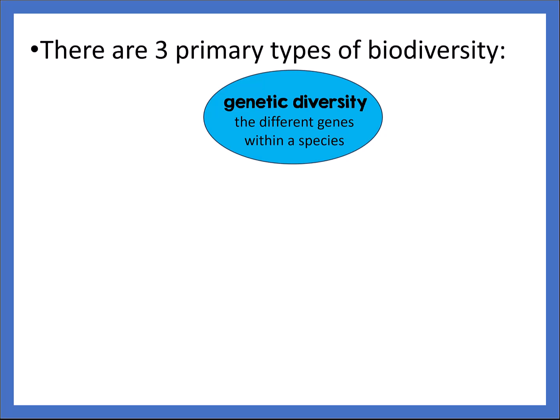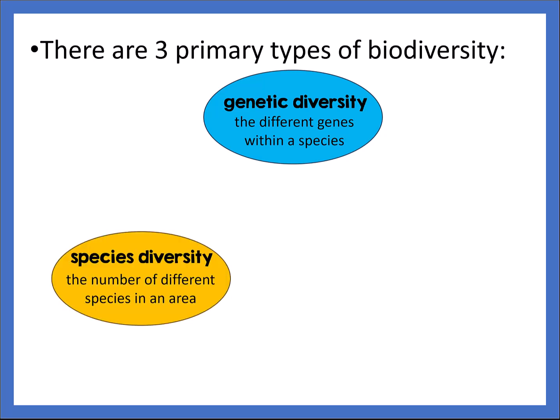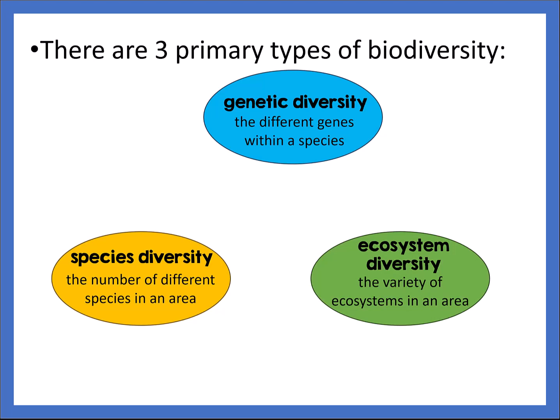So if a particular species has a large variety of genes and traits, then it will have high genetic diversity. Species diversity, which is the number of different species in an area. And ecosystem diversity, which is the variety of ecosystems in an area. So different particular environments, abiotic factors causing different ecosystems in a particular area.